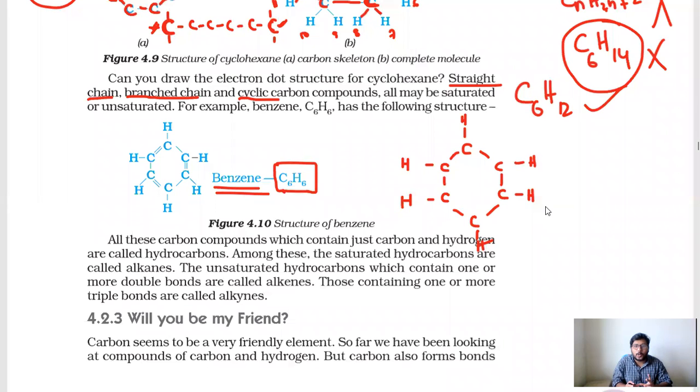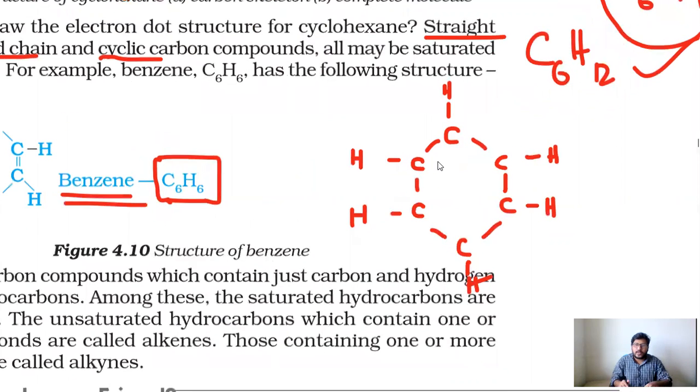But what about the valencies? You take this carbon. How many valencies have we represented? 1, 2, 3. But how many should it have? 4. So what can we do? You can draw one double bond here. So in between carbons, double bonds can be mentioned, right? So 2.